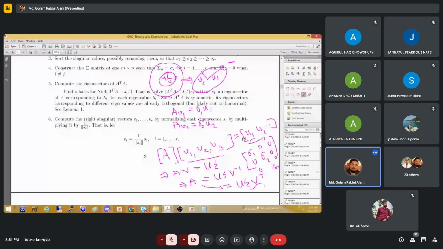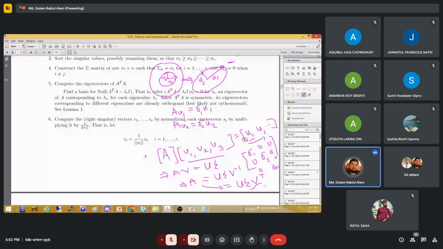If we transpose it, we will get n into m. Then we multiply it with another A, which is m into n.